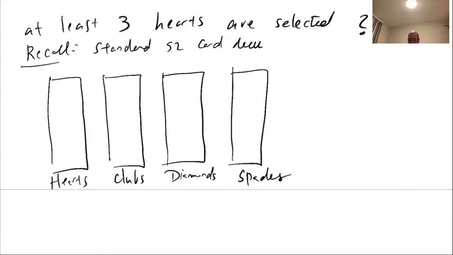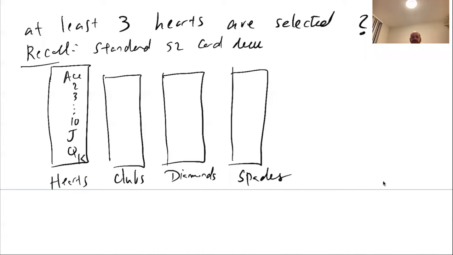And each of them has 13 ranks: ace, 2, 3, 4, 5, all the way to 10, and then jack, queen, and king. So these are in the order of the ranks.